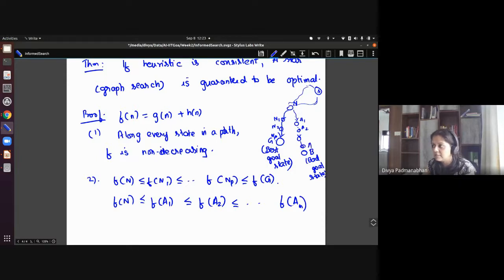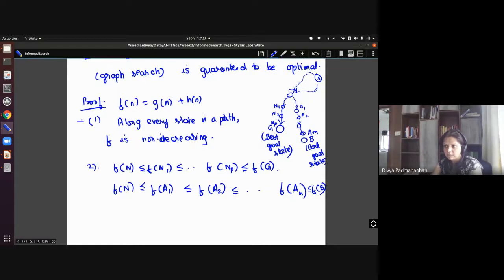This last one, am, is also in turn less than f of b. That's what the first statement gives you, which we will prove later. But if you assume the first statement is true, then this is true, you just apply this to every path.